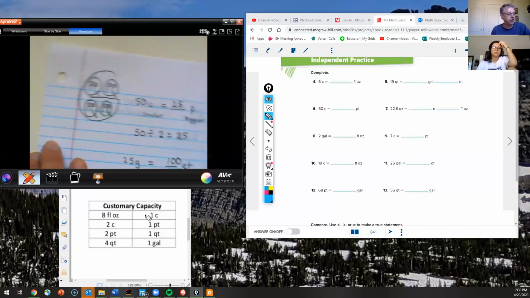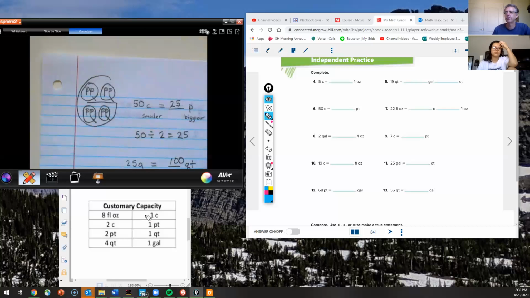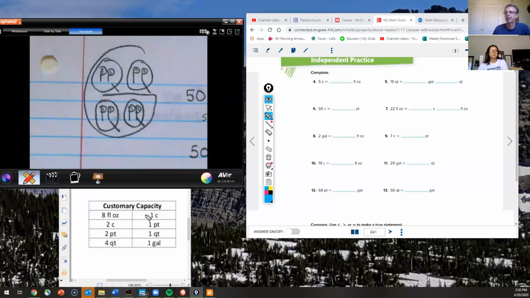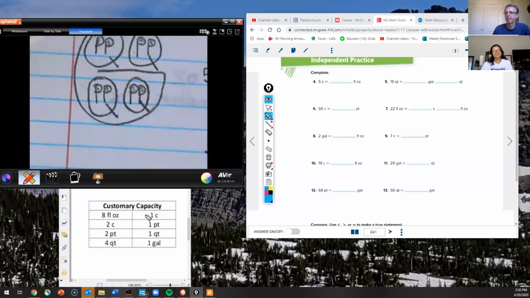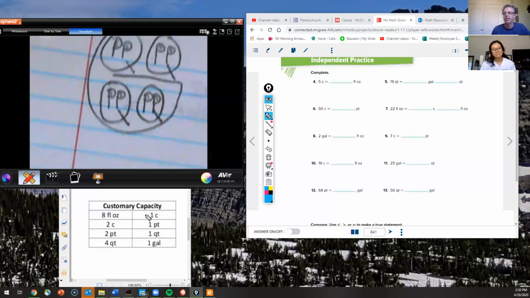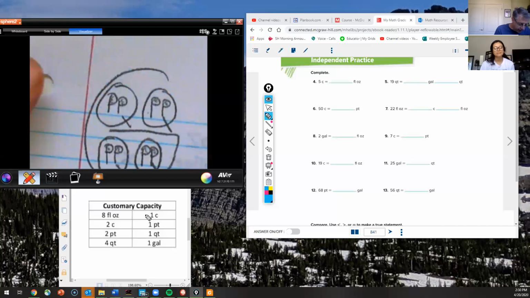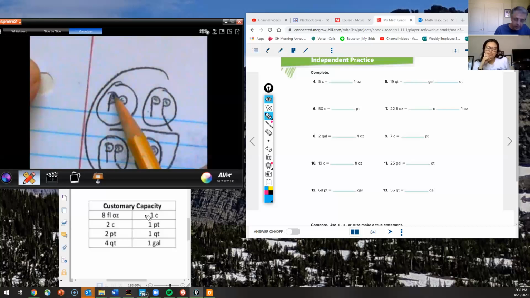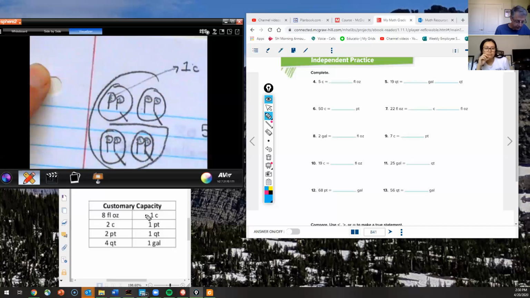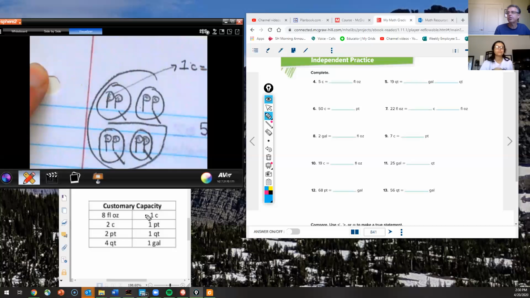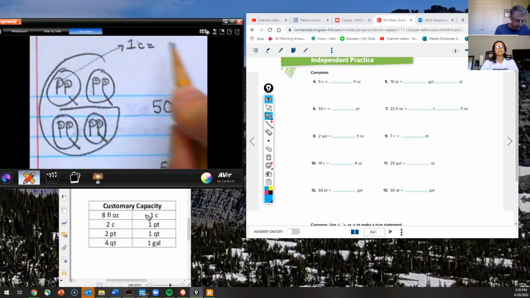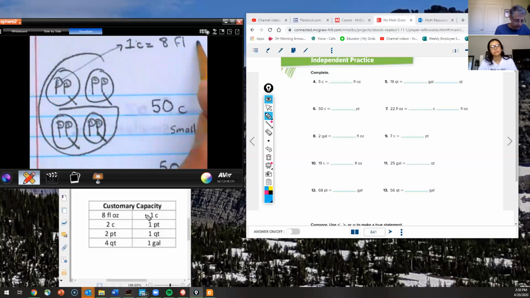We're going to do extreme zoom. When I think about it right here, I'm going to draw a little line from the big G chart, and I'm going to put 1 cup, and I'll zoom back out a little bit. One of those little cups is equal to 8 fluid ounces.